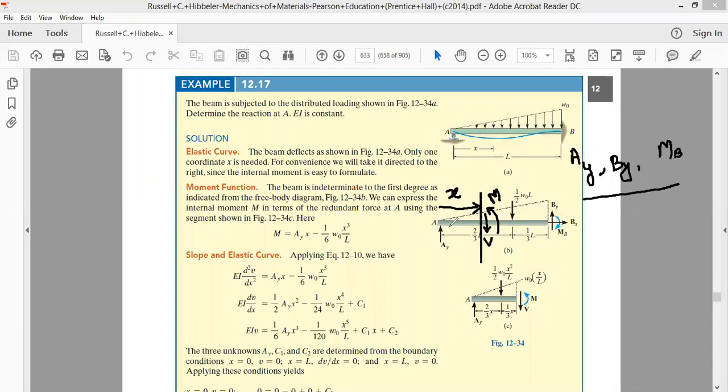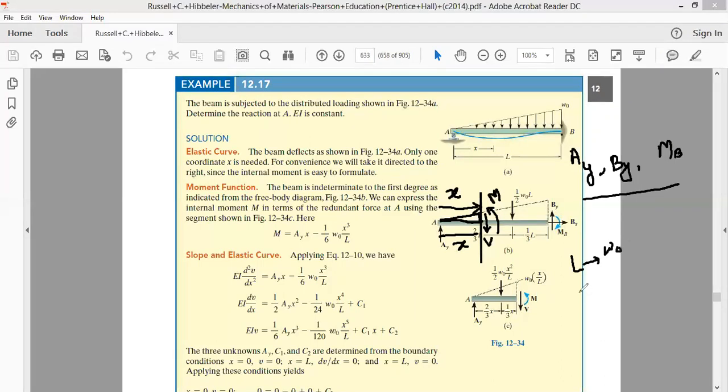Now since we have a triangularly distributed load here, we have to find out the intensity of the load acting in this region whose length is equal to x. We can easily find it. When the total length is L, the load magnitude is W naught.